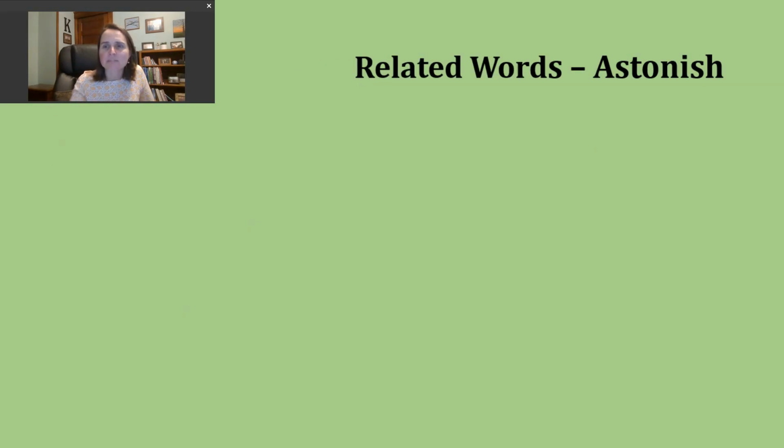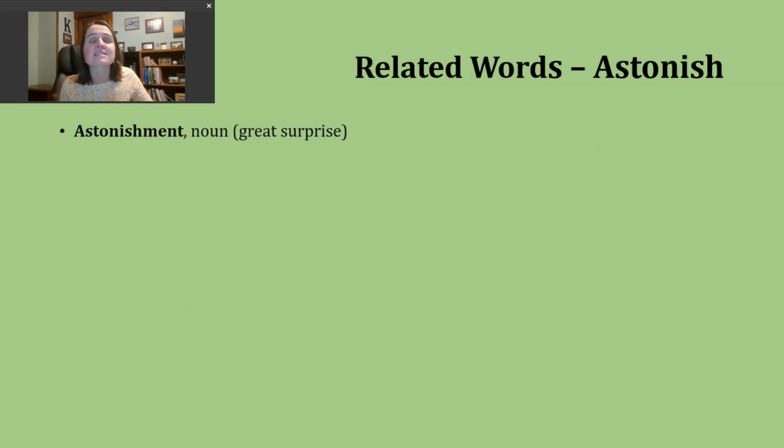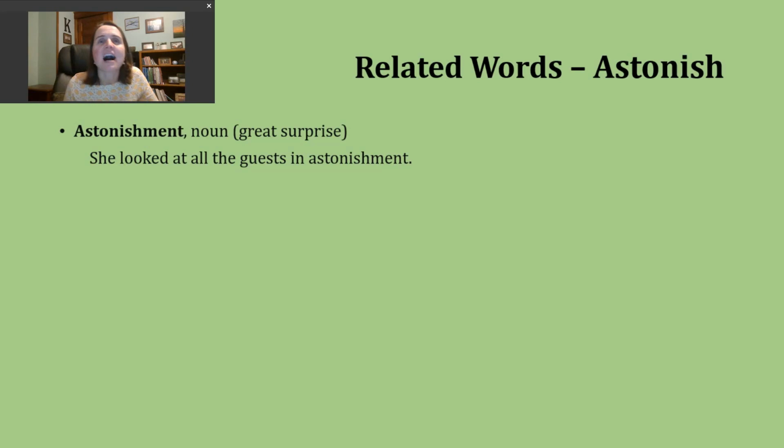Now, let's move on and talk about some words that are related to our verb astonish. And the first word we'll discuss is the noun form of this word. The noun is astonishment. This generally is describing something that kind of fills you with that great surprise, or a great surprise might be a better way to say that.